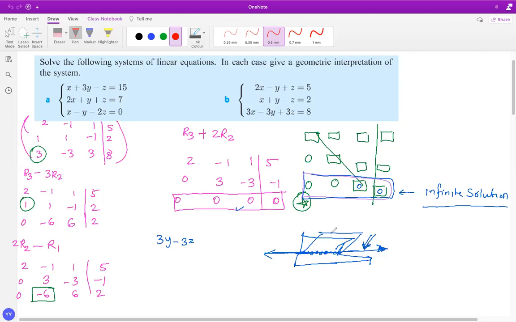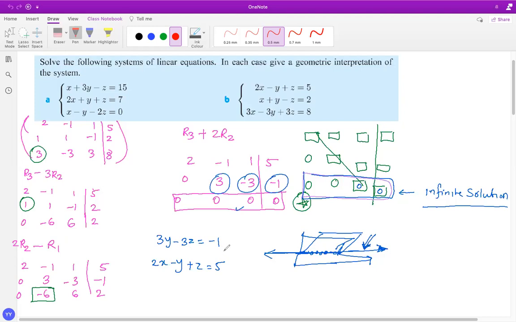In some cases, you will straight away be asked to find the equation of the line of intersection of these three planes. So in this case, we take 3y minus 3z equals -1, and my second equation that we are left with is 2x minus y plus z equals 5.